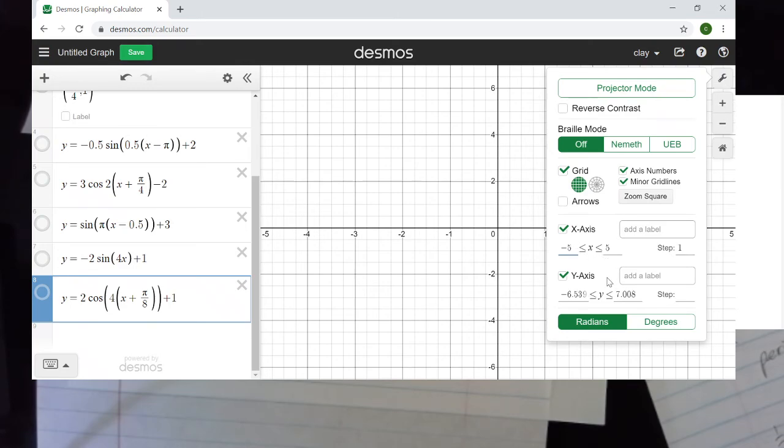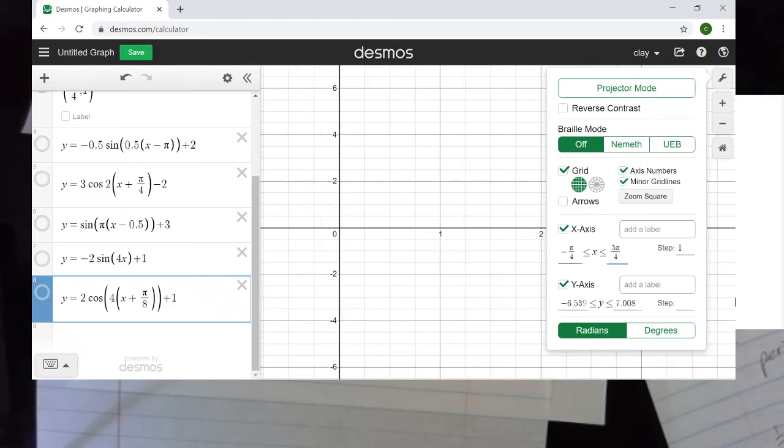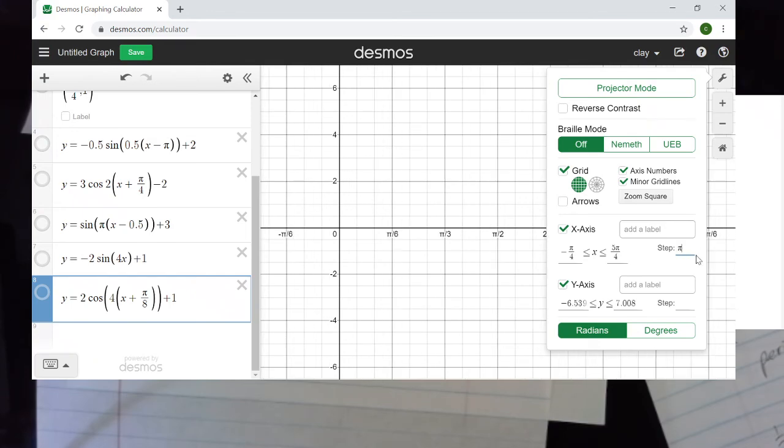My x-axis is going to go from about -pi/4 to, let's make it a little bit past, so that'd be 5pi/4. Okay, so that's exactly the same as theirs, and we're not going to count in ones, we're going to count in pi/4s.